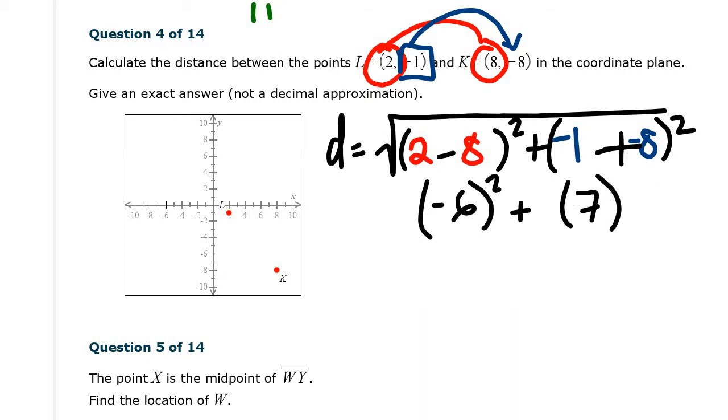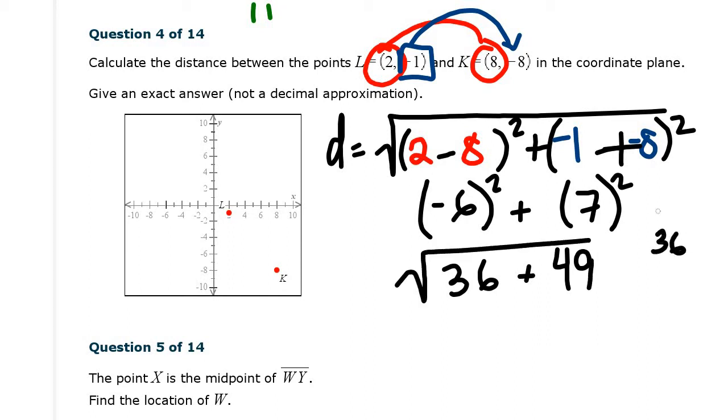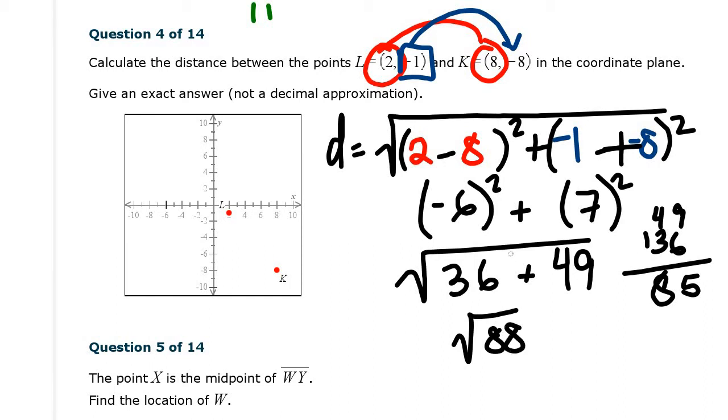That's going to be 7. We have square root of 85.